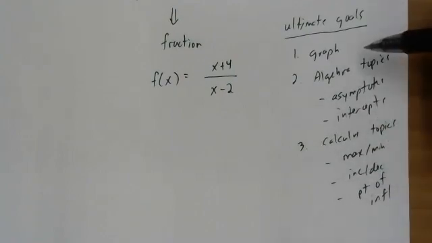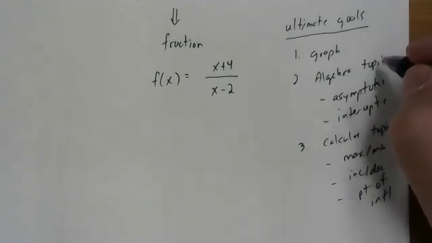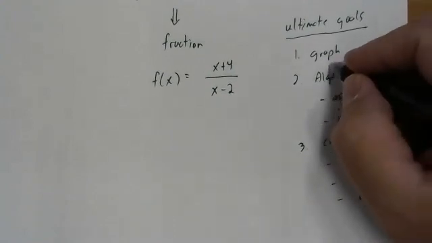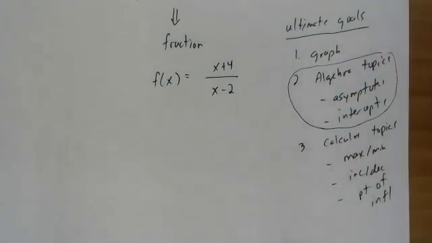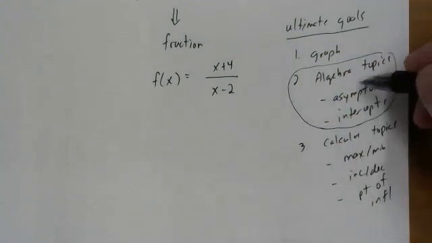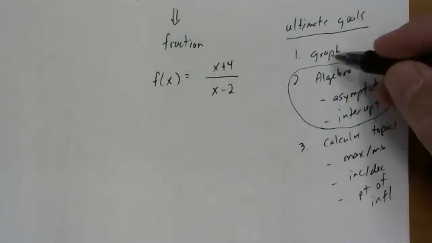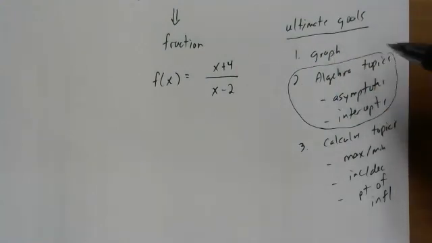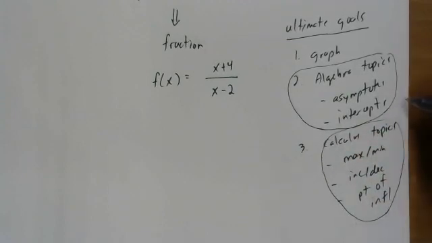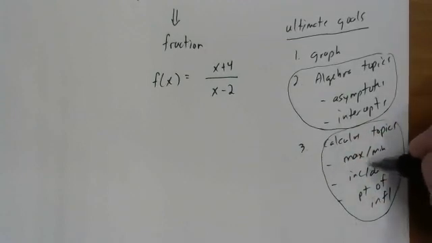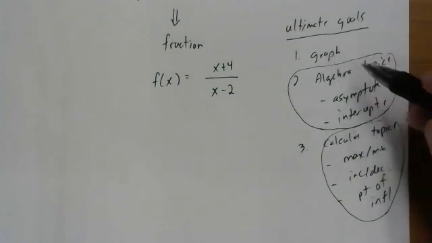So normally you take an expression and you do your algebra stuff first. You try and learn what you can, and part of what you learn will help you with your graph. And then you do some calculus on the expression, learn what you can, and some of that will help you with the graph.